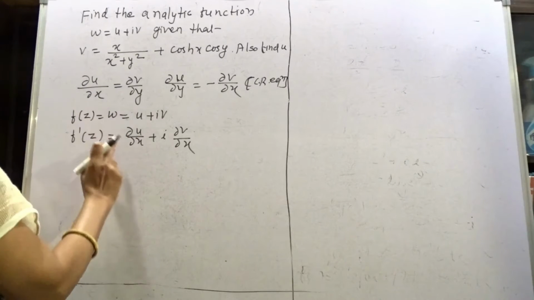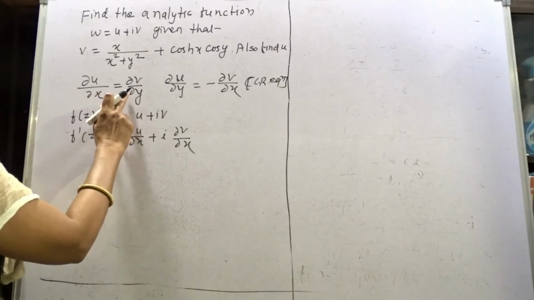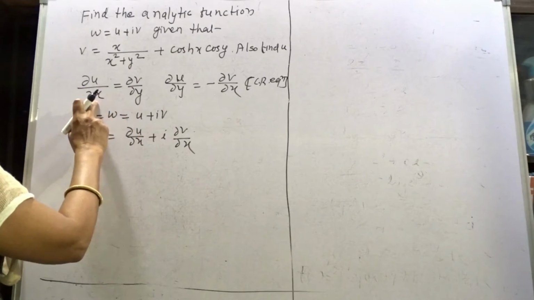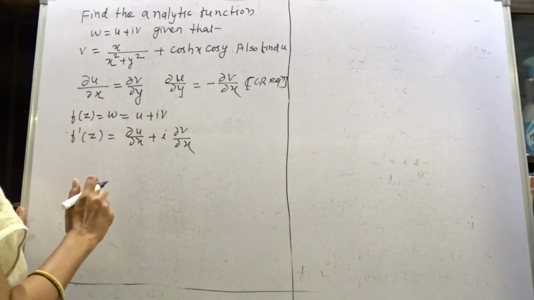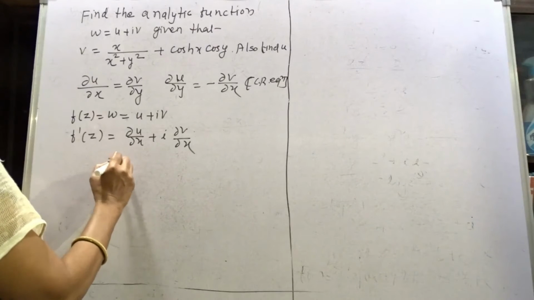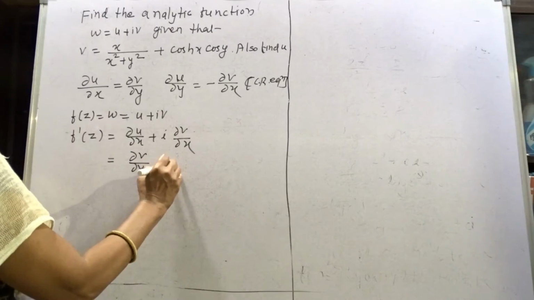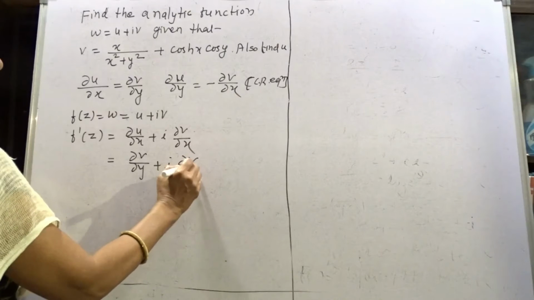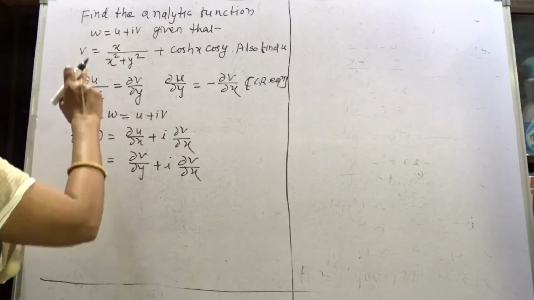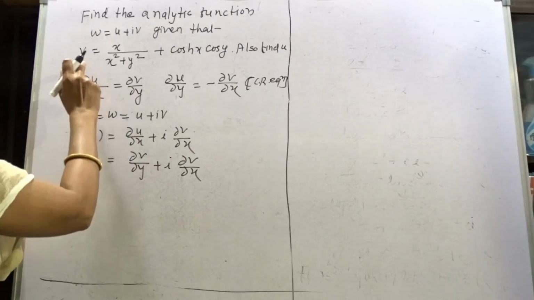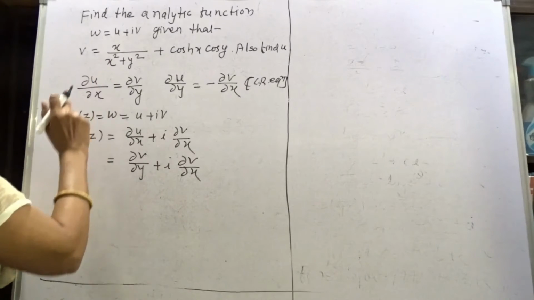Instead of del u upon del x, we can write del v upon del y, because the function is analytic, so del u upon del x is equal to del v upon del y. So we put here del v upon del y plus i del v upon del x. That means we have to differentiate v with respect to x and with respect to y. First of all, we differentiate with respect to x.